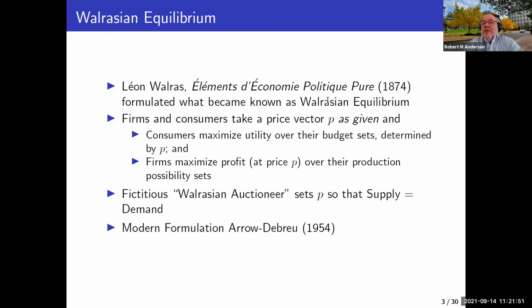But nonetheless, we do see that there is a price vector P. People use that price vector in order to guide their trading. Consumers certainly do. And supply and demand are roughly equated in the goods market.